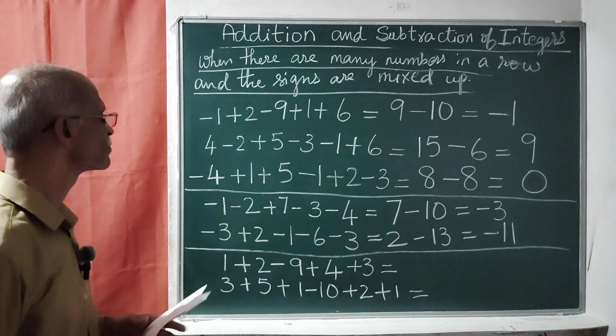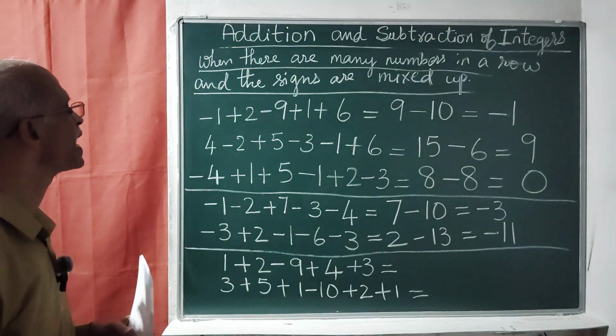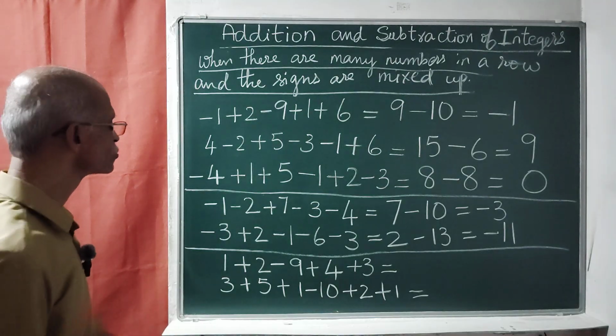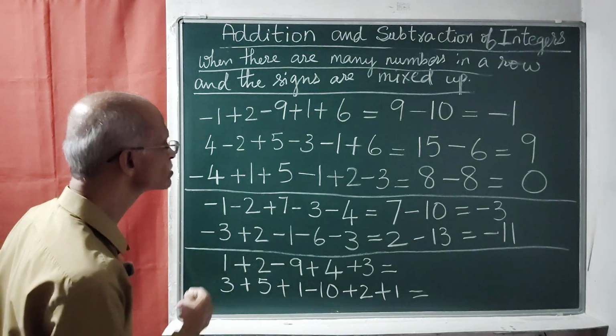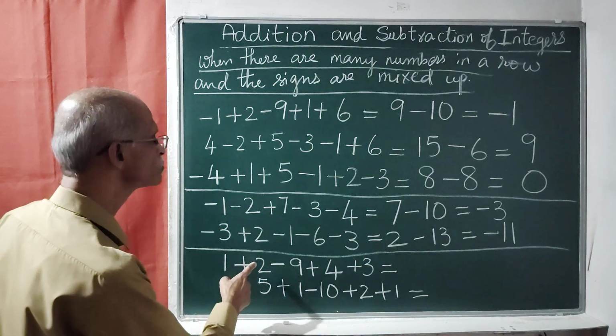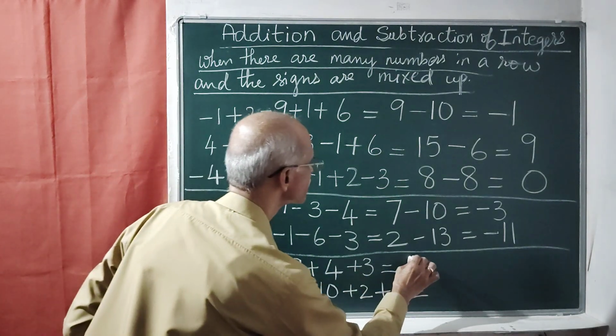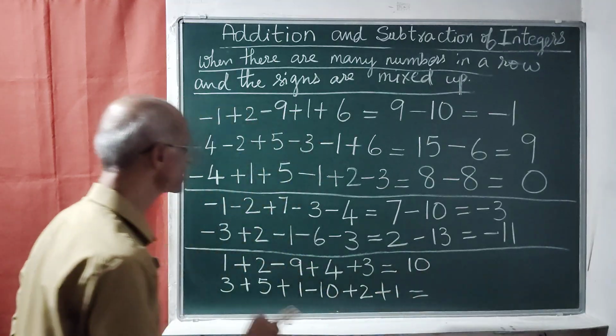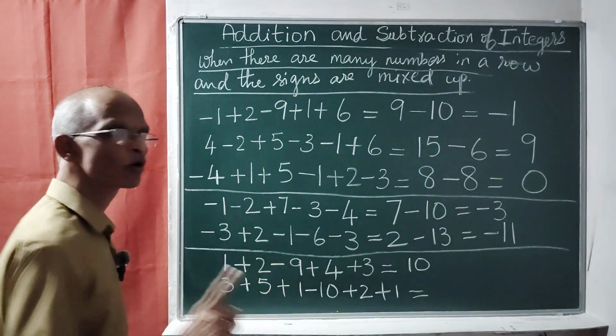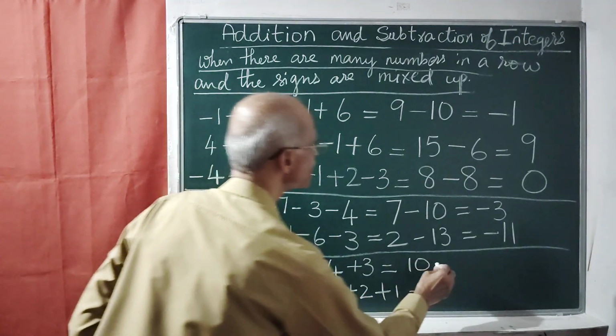What is the first step? Pick up the plus numbers, add and put plus. So here if I add the plus numbers, what I will get? Plus 10. Then in this case, there is only one minus number. Write it as it is.